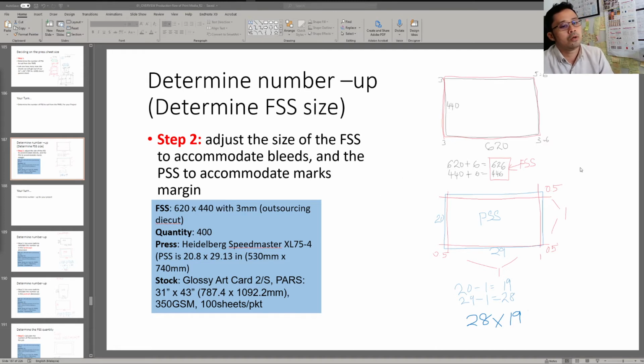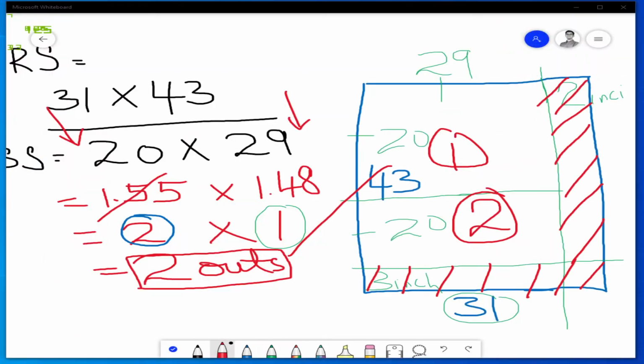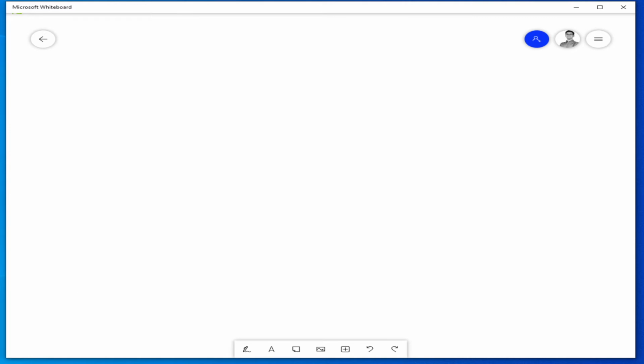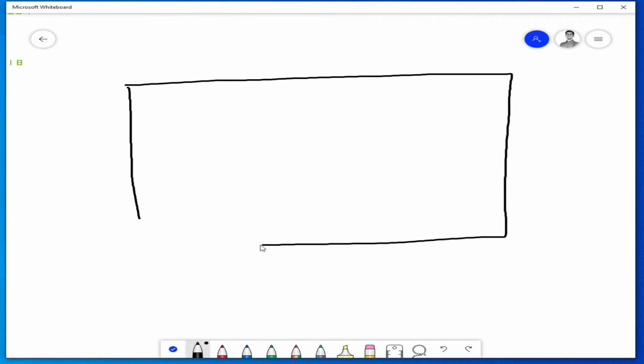So what you need to do now, let me draw this so that you can see. Okay, so this is my design, my image.